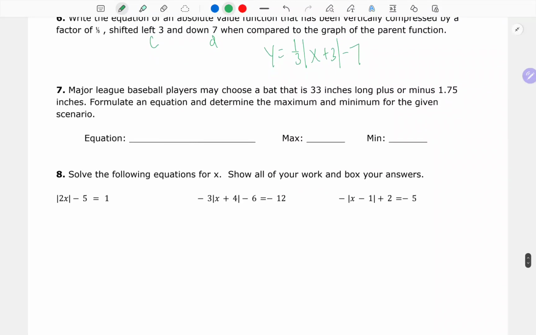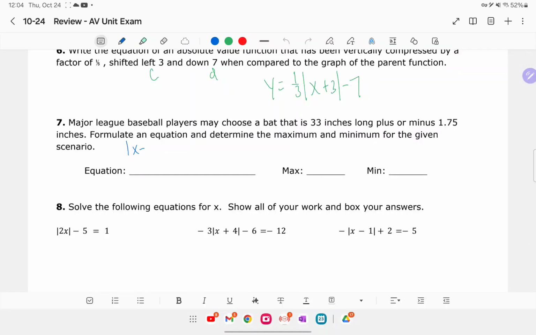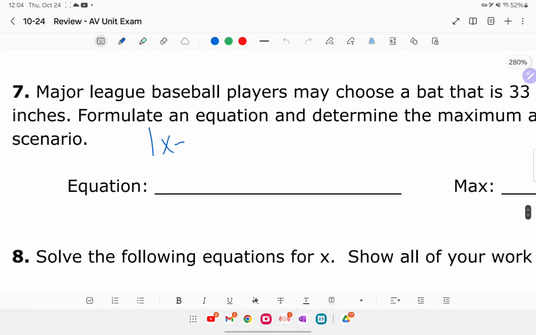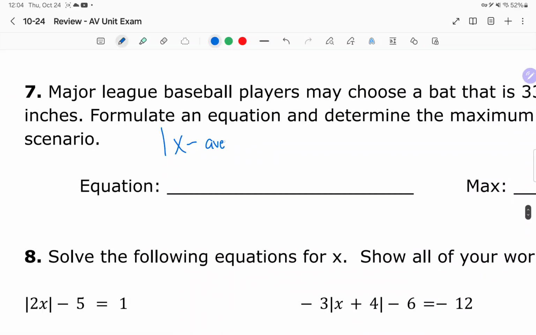All right, Major League Baseball players may choose a bat that is 33 inches long plus or minus 1.75 inches. So for this one, the formula was, let's see if we recall it, the absolute value of x minus the average equals the distance.